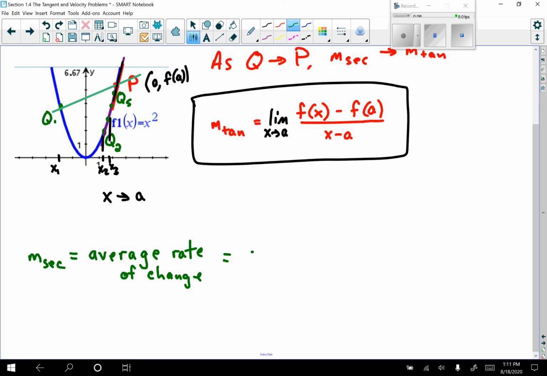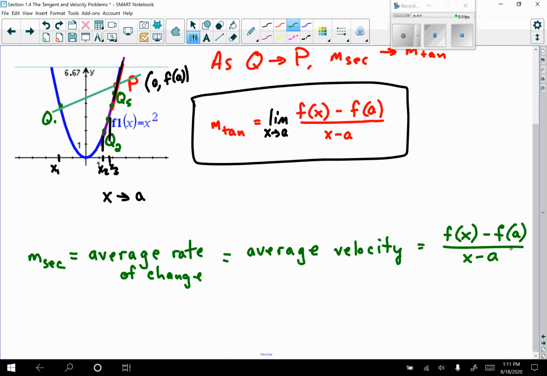Or it could be called the average velocity, because velocity is really just a rate of change. So average velocity, but notice the word average shows up each time. And then that was just this red part right over here, which is just your y2 minus y1. So f of x minus f of a over the change in x's here.